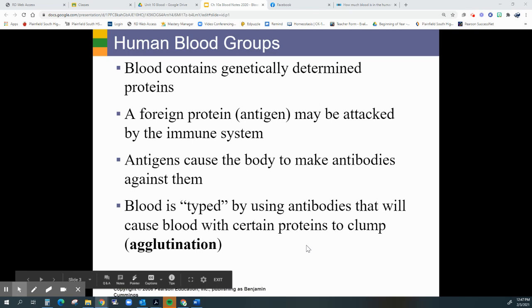In the activity you'll do on Friday and Monday of next week, you take a little dish that has 3 little wells, put drops of blood in those wells, and on top of that we put the antibody serum for each of the different types of blood that we could see. When it clumps, we refer to that as agglutination. It almost looks like curdled milk, because it clumps up in those little wells.